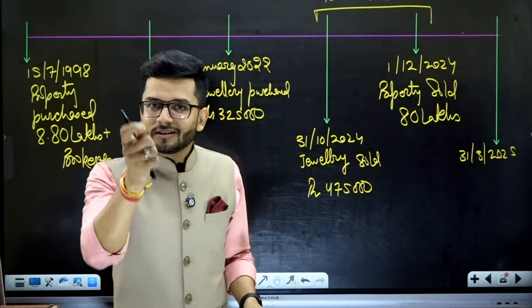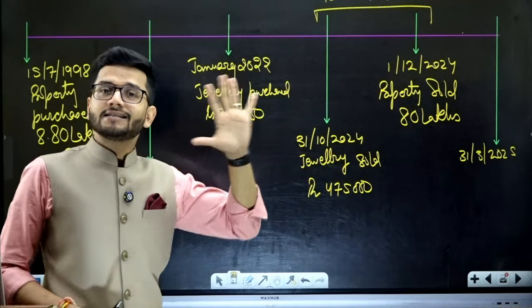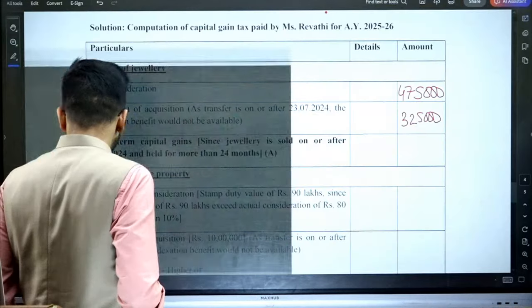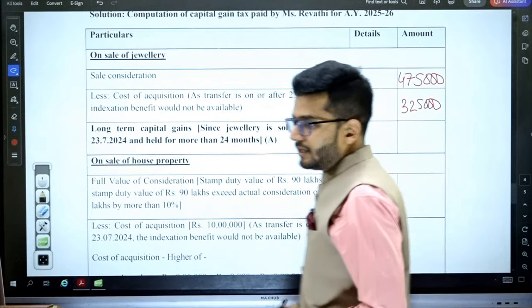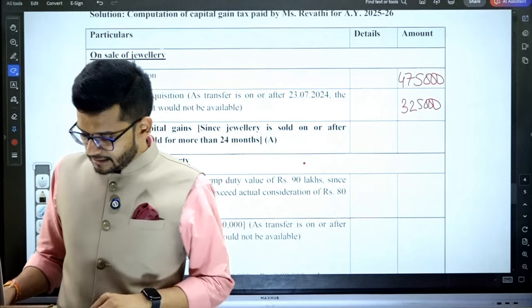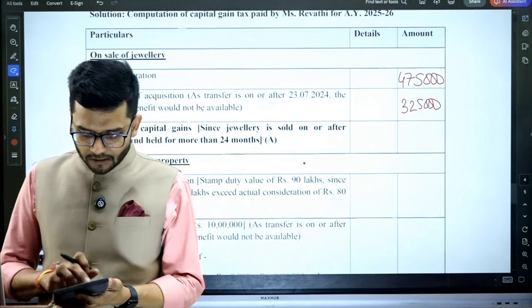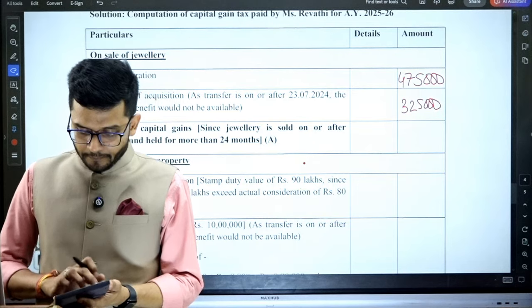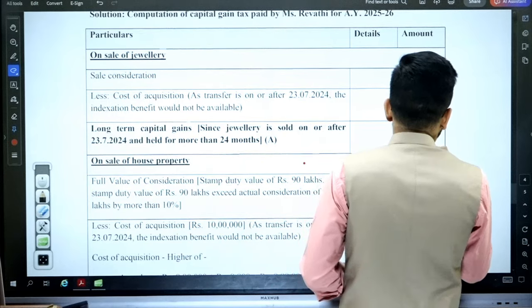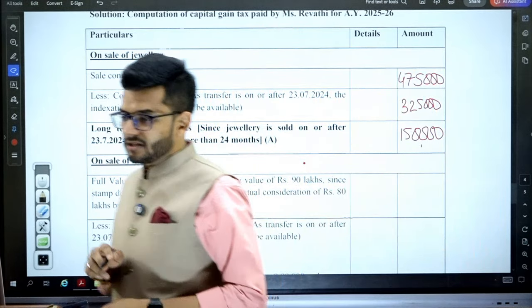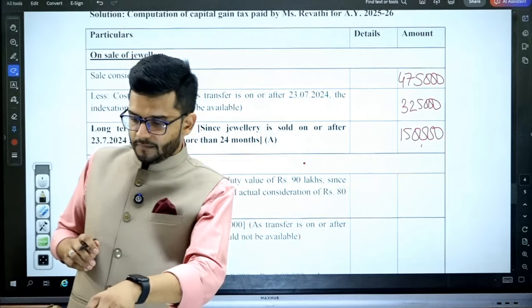Okay, sir, got it. So the capital gain is calculated like this. 1,50,000 is the long-term capital gain.